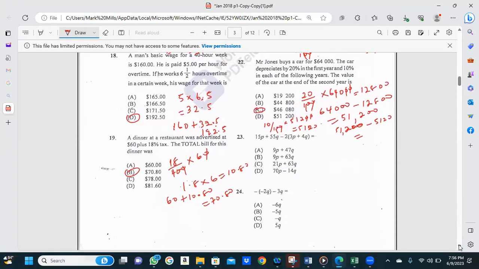All right, number 23. So number 23, we have 15p plus 55q minus 2 bracket 3p plus 4q.